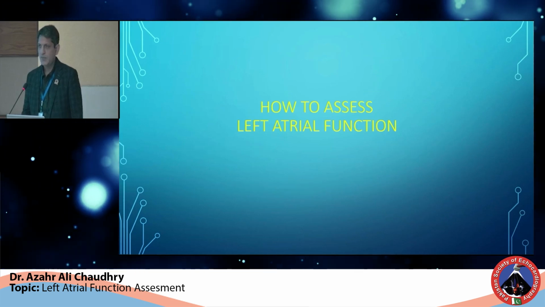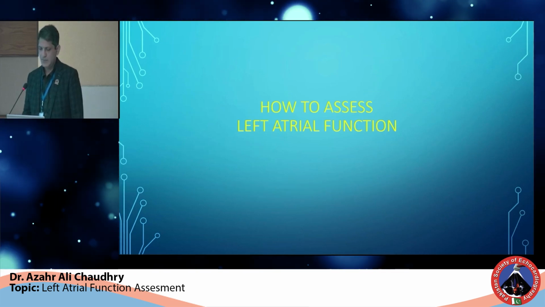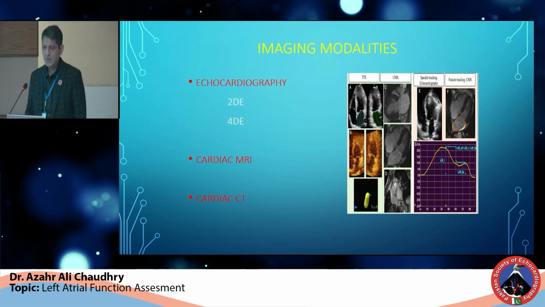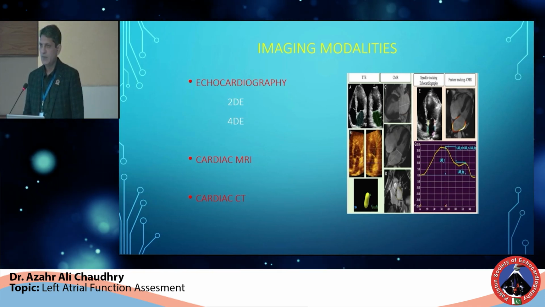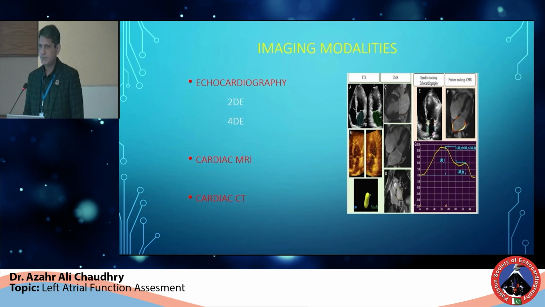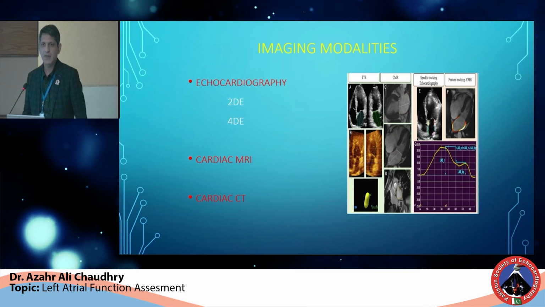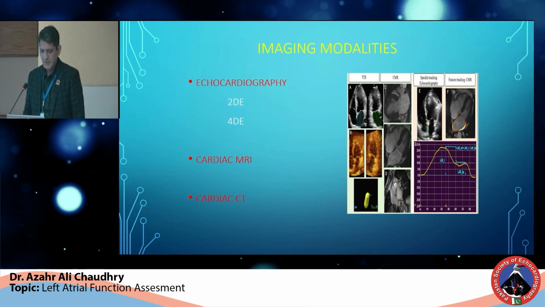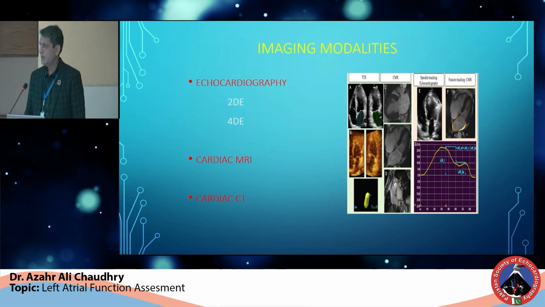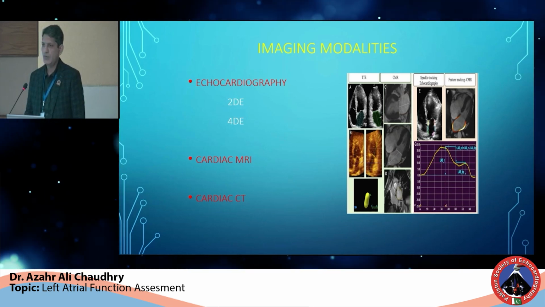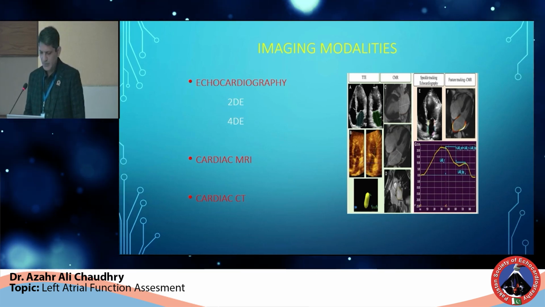What are the different methods to assess the left atrial function? Left atrial function can be assessed on different imaging modalities, including transthoracic echocardiogram, cardiac CT, and cardiac MRI. Cardiac CT and cardiac MRI are complementary to echocardiography, which is the most commonly used and easily available modality.